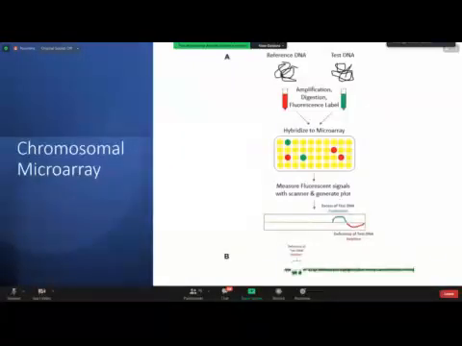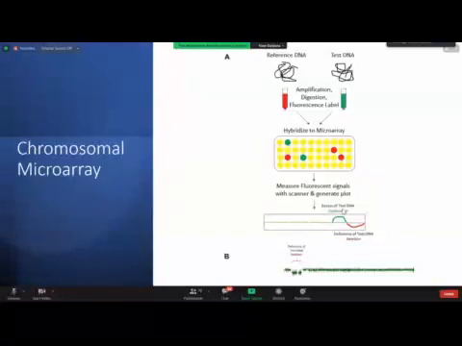Okay, now how does it happen? You take the reference DNA and the test DNA, normally they have the reference DNA, and then of course the patient DNA, and both of them are amplified, cut, and fluorescently labeled probes are used. The microarray chip already has probes on it, and then your DNA binds there and they tell you in this way.